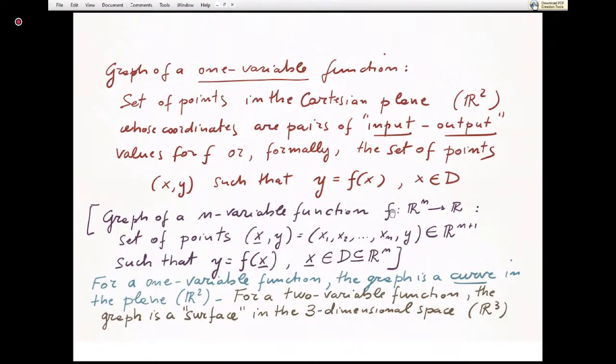The function is defined not from the set of real numbers to the set of real numbers, but from R^n. R^n is the set of all possible ordered lists of n real numbers, to R, because the dependent variable y is always a one-dimensional variable.